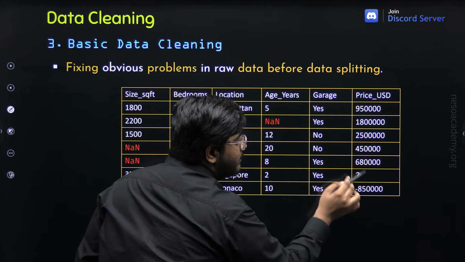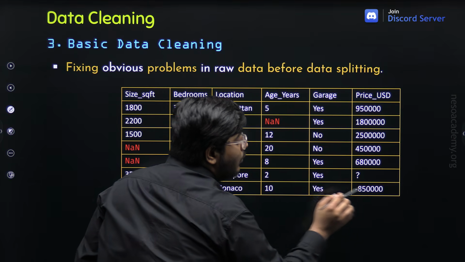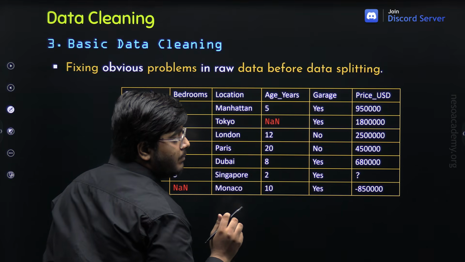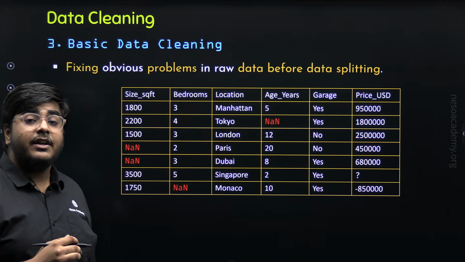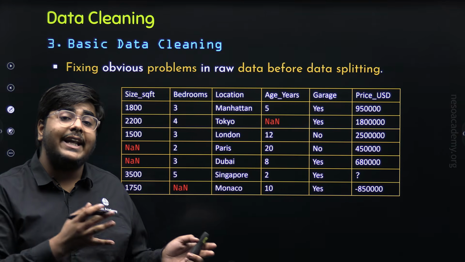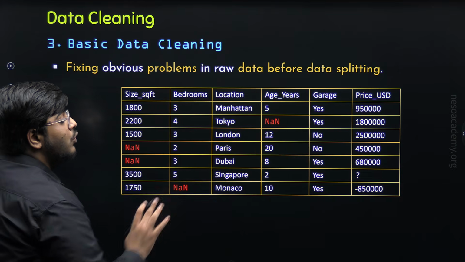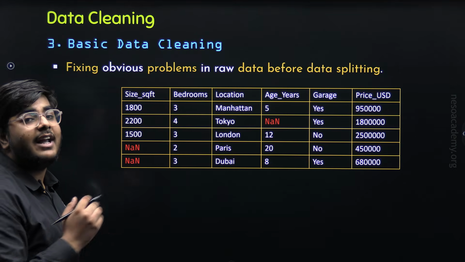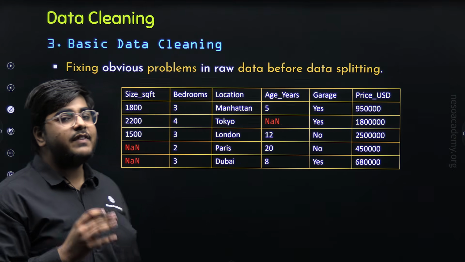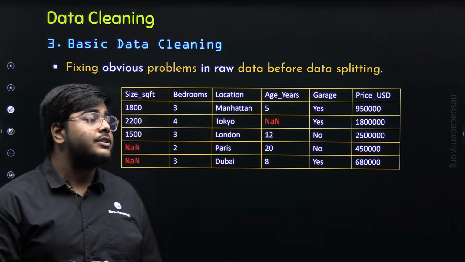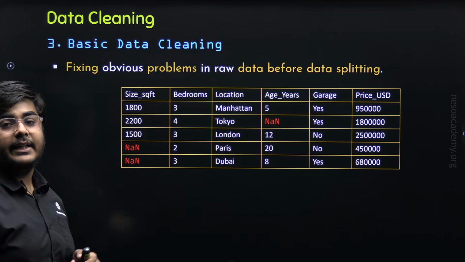That is why this missing value and this negative value are invalid labels. Now, if the labels are invalid, we need not replace them by any other value. We will directly remove the records associated with invalid labels. So in this way, we have performed all the operations under basic data cleaning.